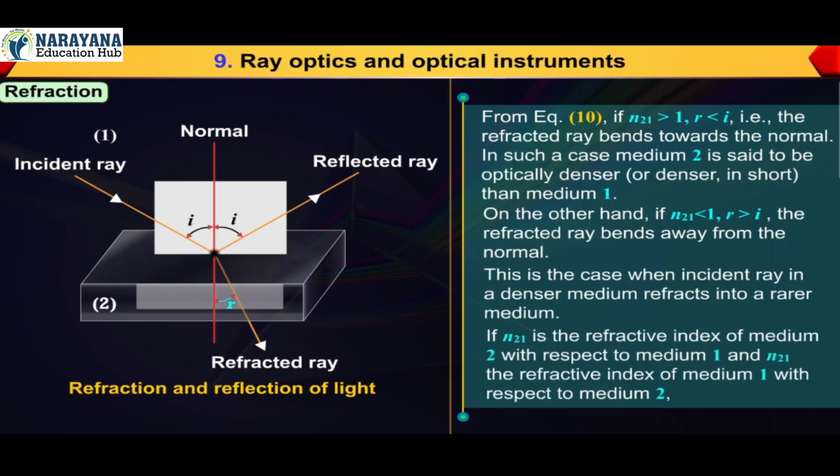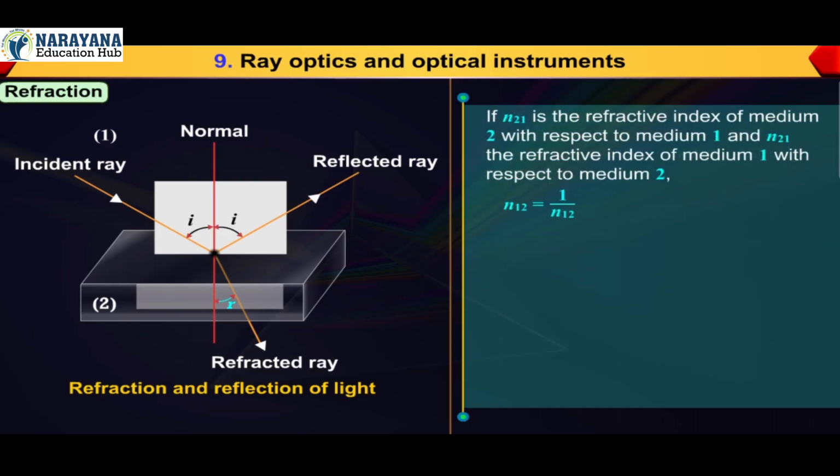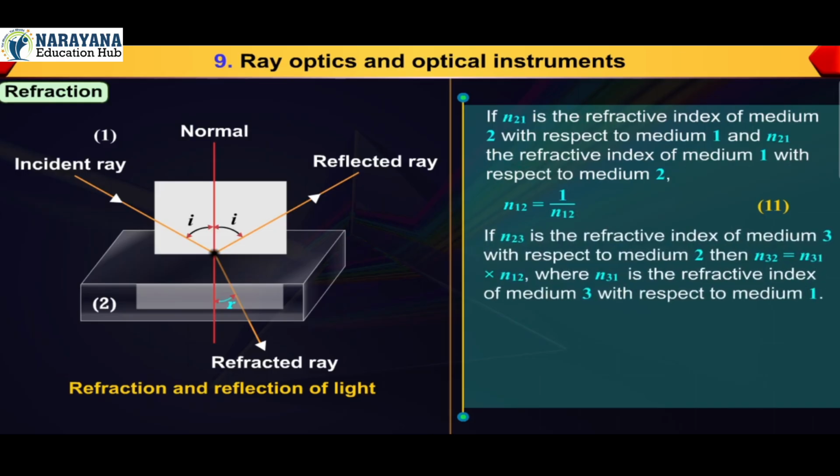If n21 is the refractive index of medium 2 with respect to medium 1 and n12 the refractive index of medium 1 with respect to medium 2, then n12 = 1/n21, equation 11. If n32 is the refractive index of medium 3 with respect to medium 2, then n31 = n32 × n21, where n31 is the refractive index of medium 3 with respect to medium 1.